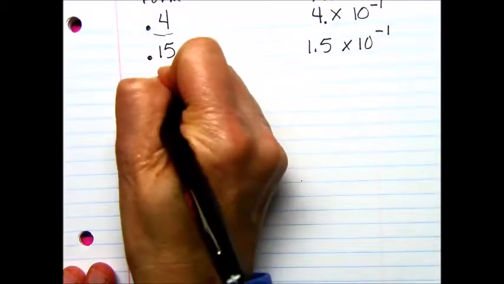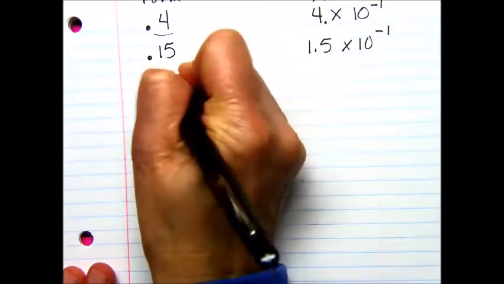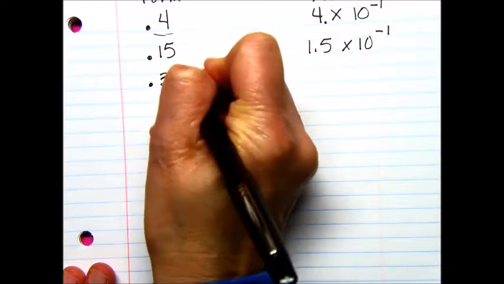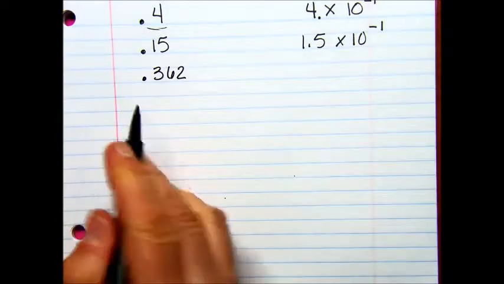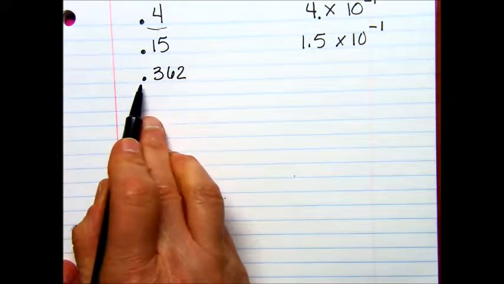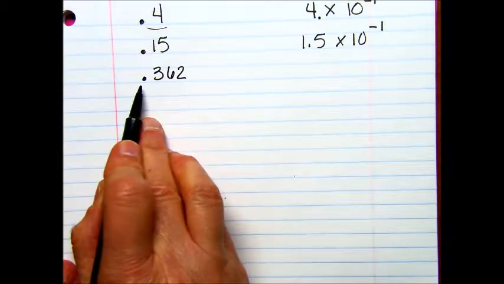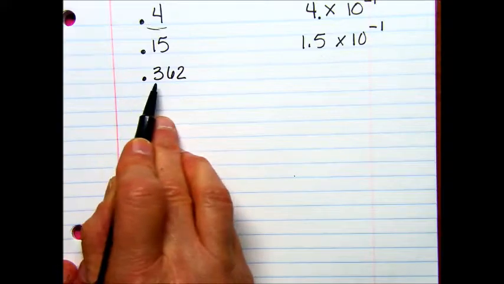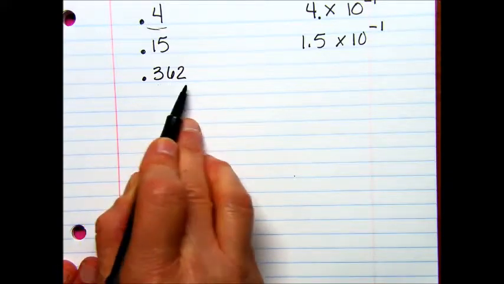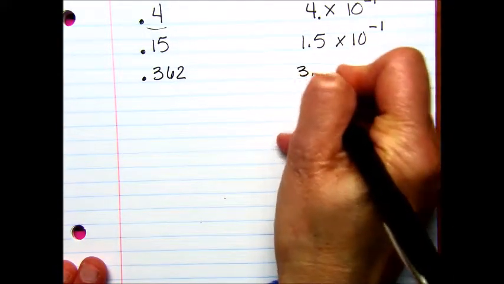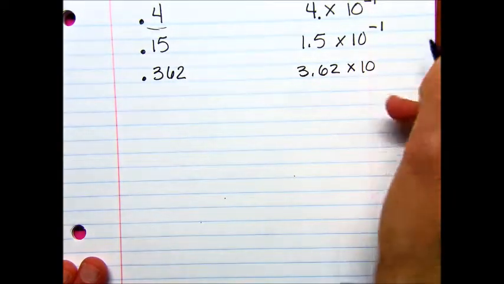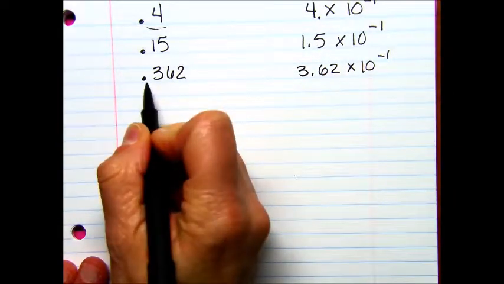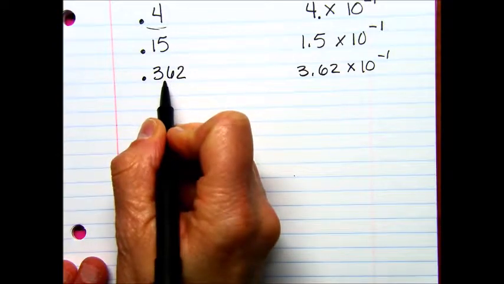Let's do 362 thousandths, okay? So again, we want to make this 3.62 times 10 to the negative 1. That's going to bring that over 1, okay?